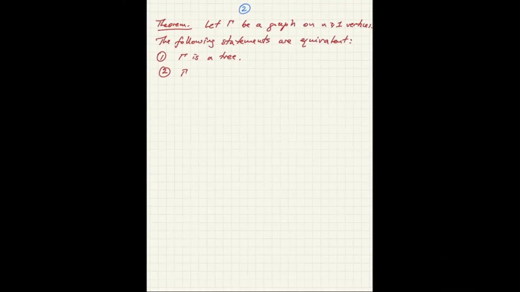Two, gamma is connected and has n minus 1 edges. Three, gamma is acyclic and has n minus 1 edges.